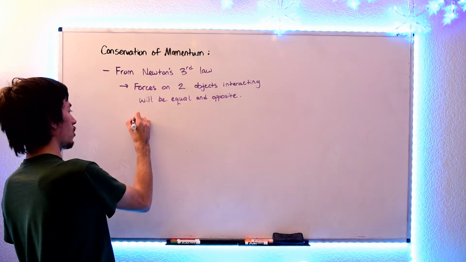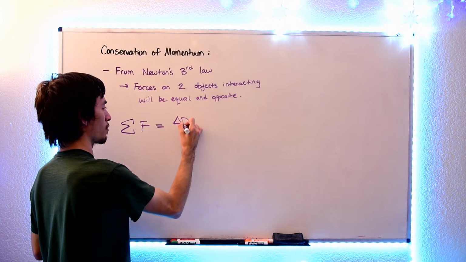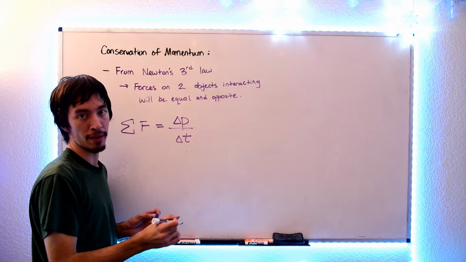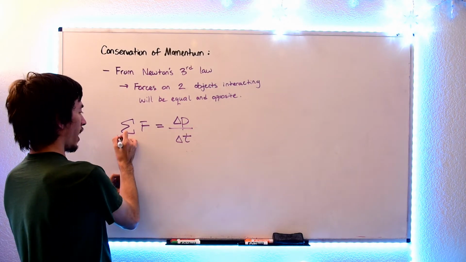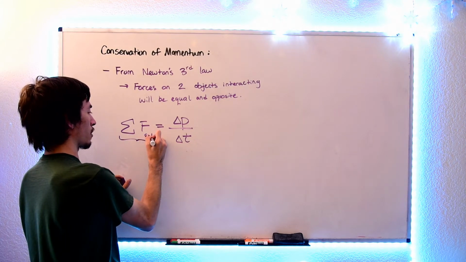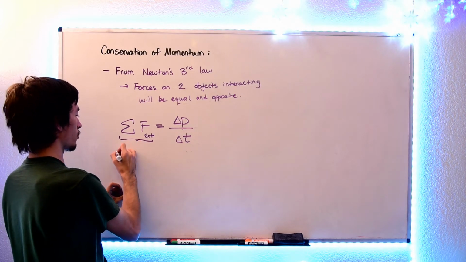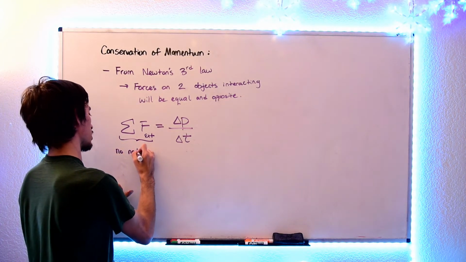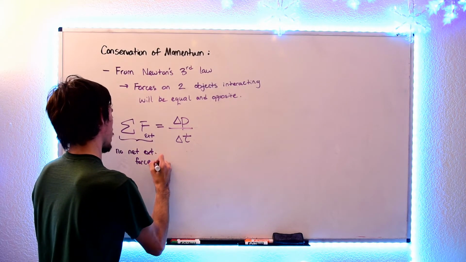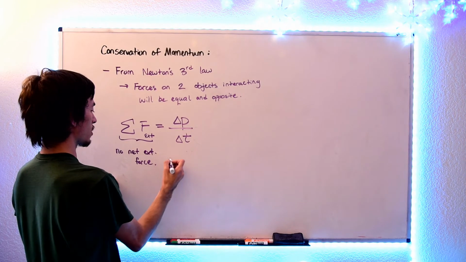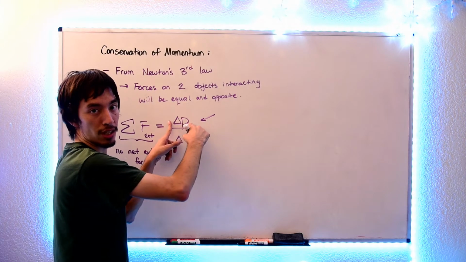Otherwise, you can look at Newton's second law in the form for momentum, so not the F equals ma form, but with the change of momentum. This references external forces. If there's no net external force, if the total external force is equal to 0, then there is no change in the momentum of the system.